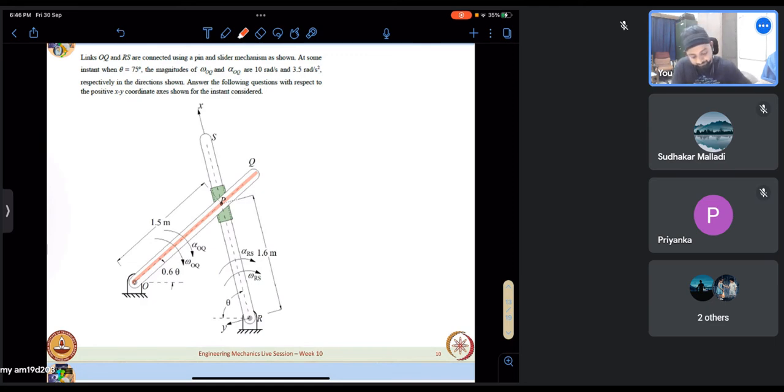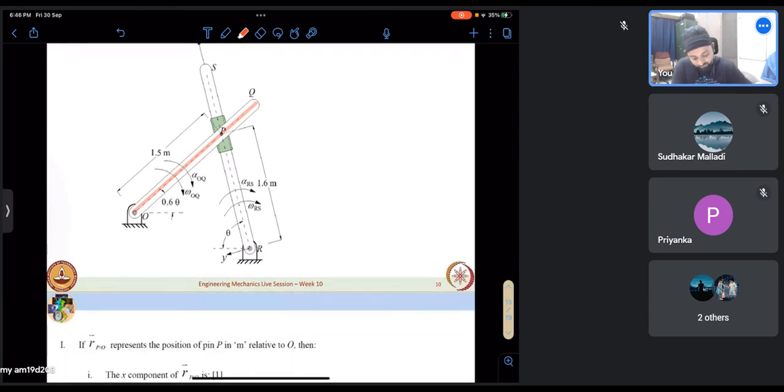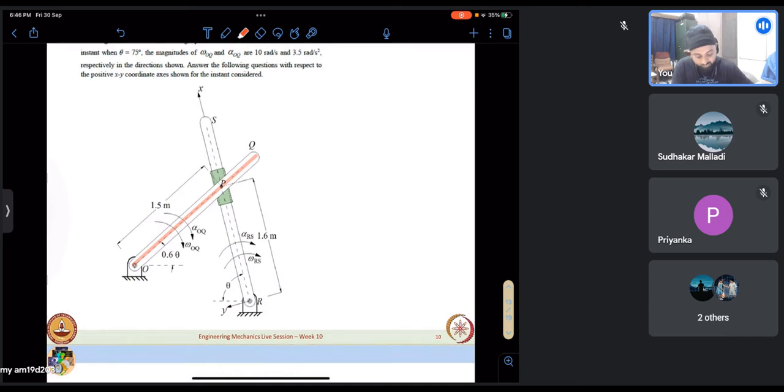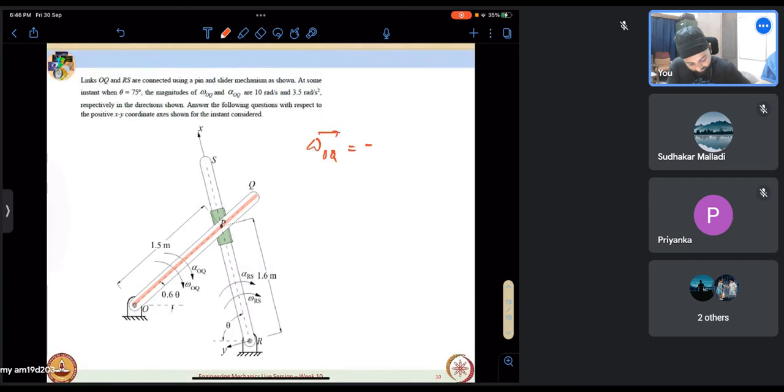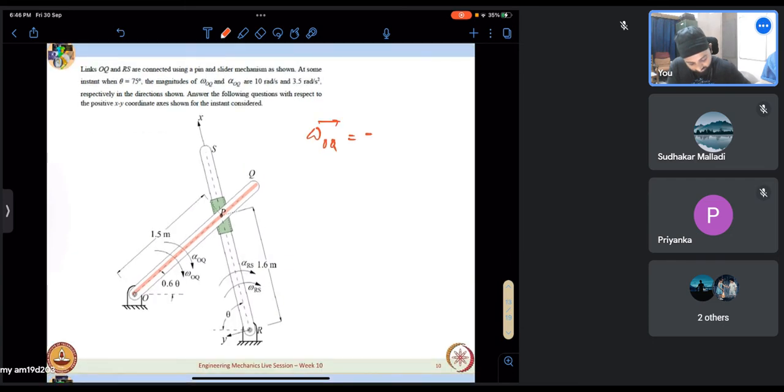Okay. So let us see. X cross y, again k points out of the plane of the paper. So we can see that omega of OQ is minus 10 k. Alpha OQ is minus 3.5 k.